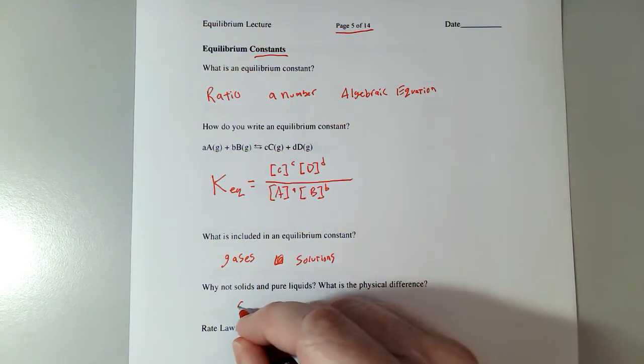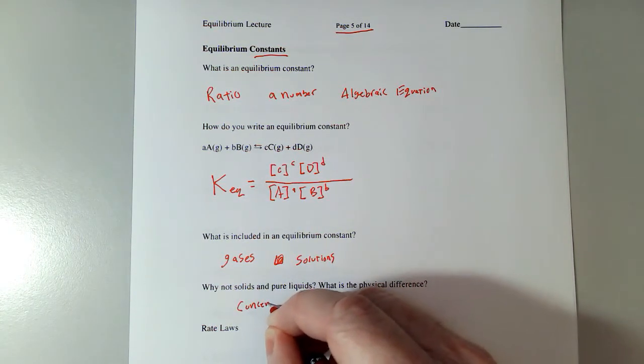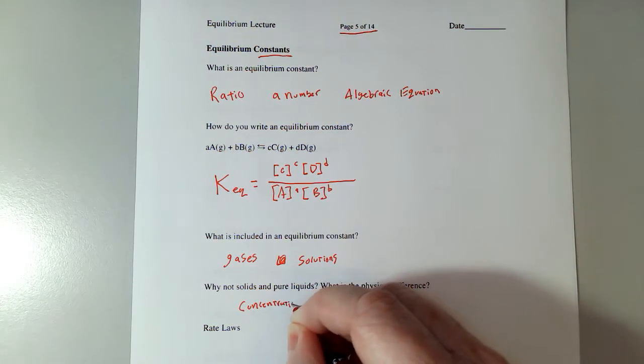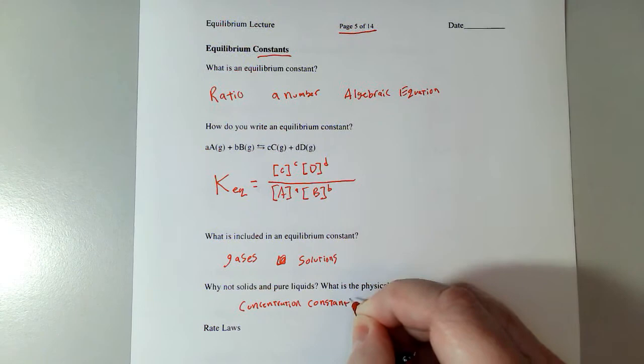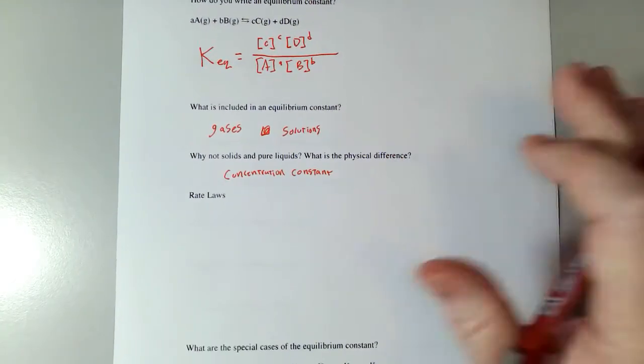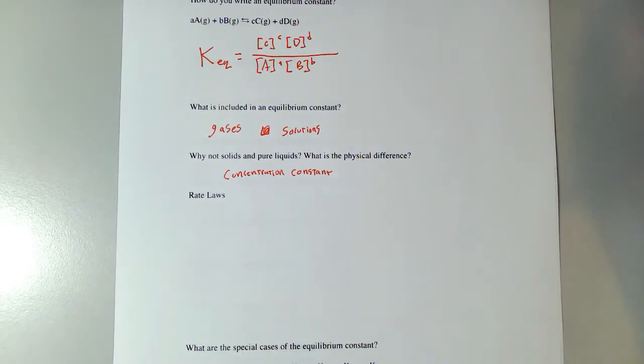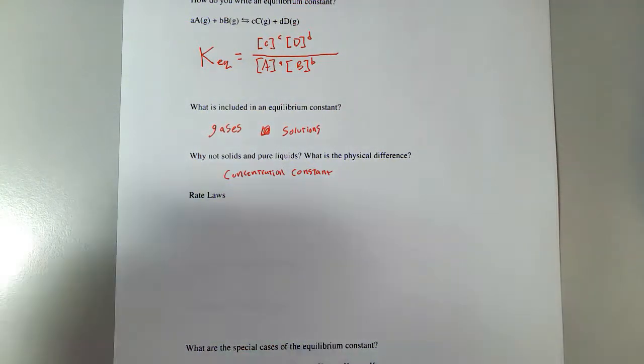Their concentration is constant. Now, it is possible for us to calculate the molarity of a solid. Say we do it for a rock. If we cut that rock in half, it's still the same ratio, moles per liter. Okay? Now, water. We wouldn't include liquid water because that's pure liquid.